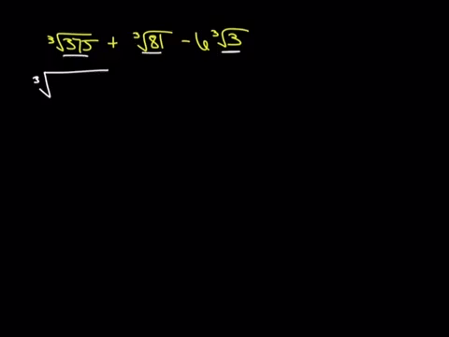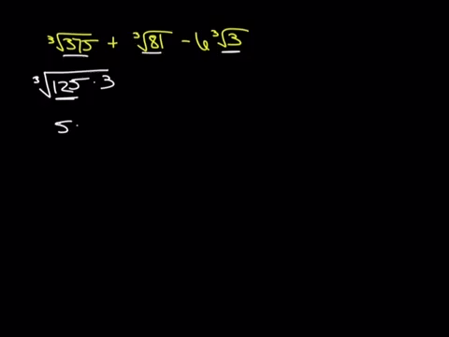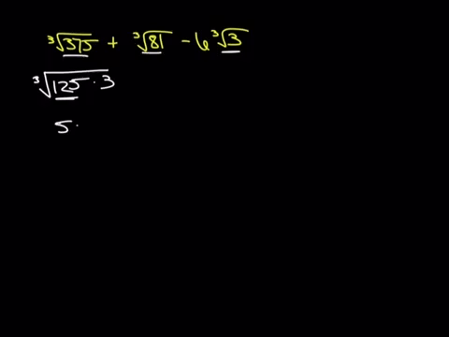Two numbers multiplied to get 375 that you can take the cubed root of. And I find that it's 125 times 3. 125 times 3 is 375. 5 times 5 times 5 gives me 125. So this number I can take the cubed root of. So that's why I picked it.